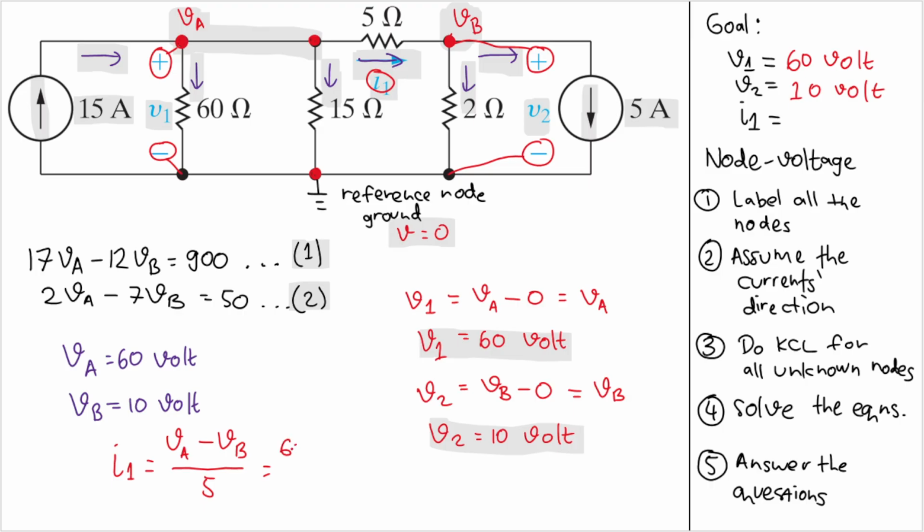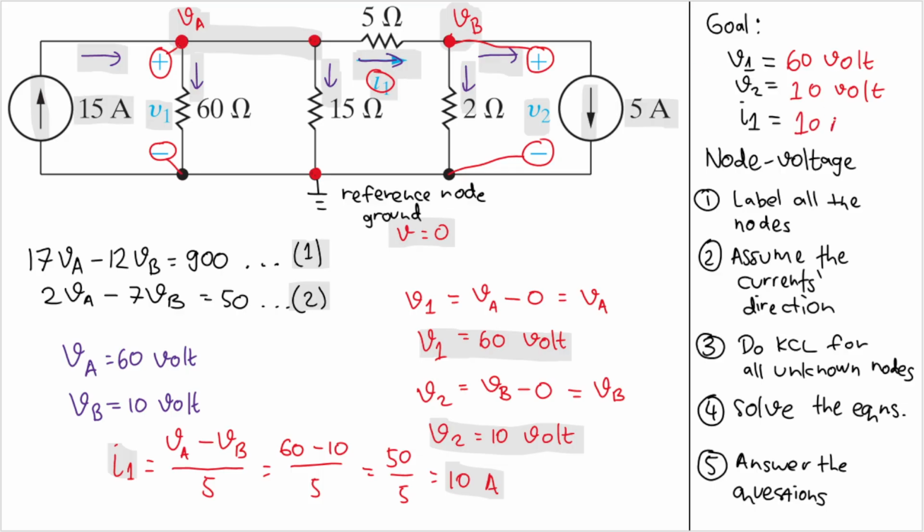So I have 60. And VB is 10. So I have minus 10 divided by 5. 60 minus 10 will be 50. 50 divided by 5. So I will have 50 divided by 5 is 10, right? So I will have 10 ampere. And that is the last value. So we will have 10 ampere there.